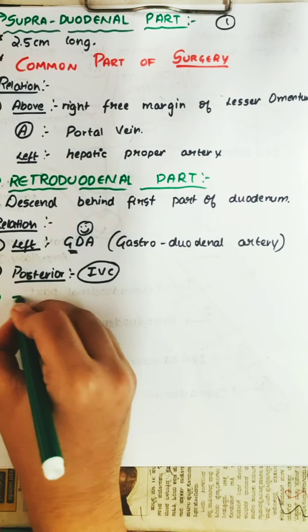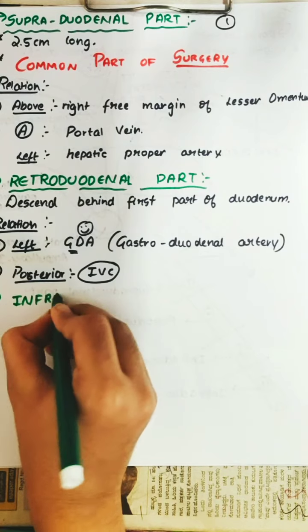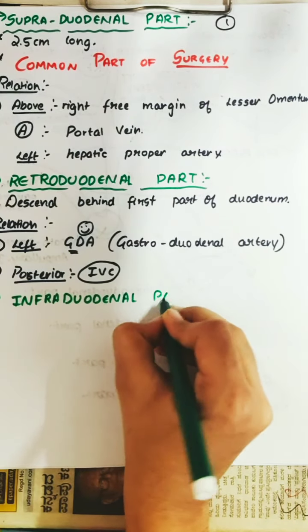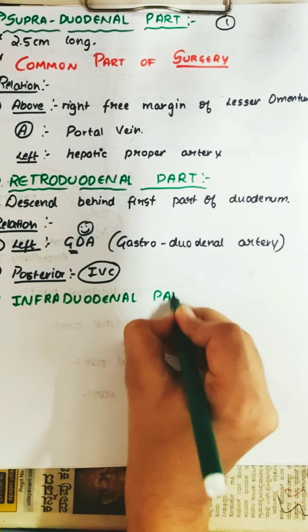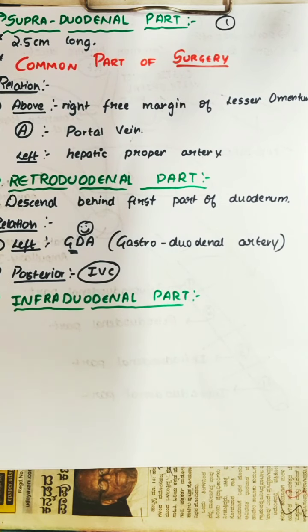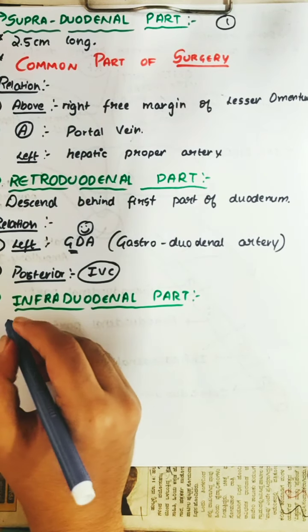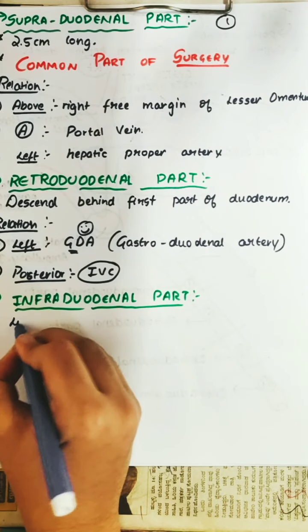So we'll see about the third part, that is the infraduodenal part. The infraduodenal part is the one which lies in front of the inferior vena cava, in front of the abdominal inferior vena cava.